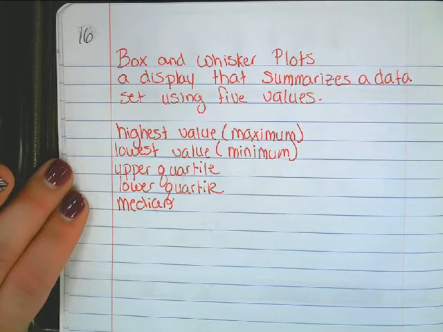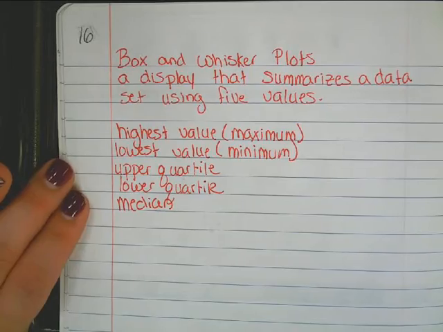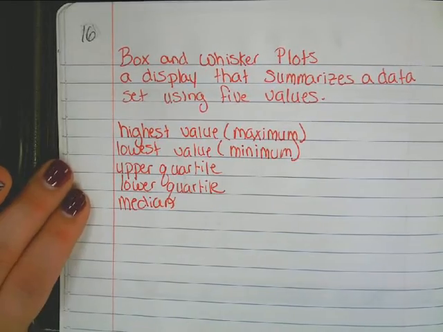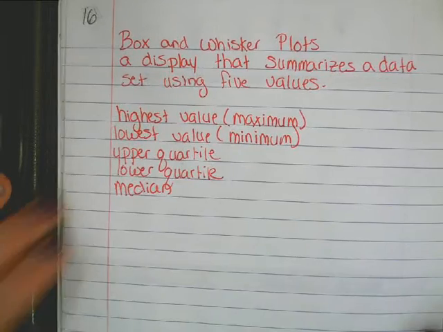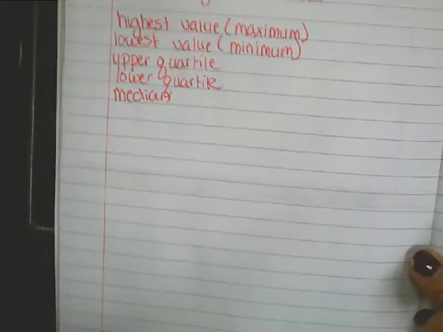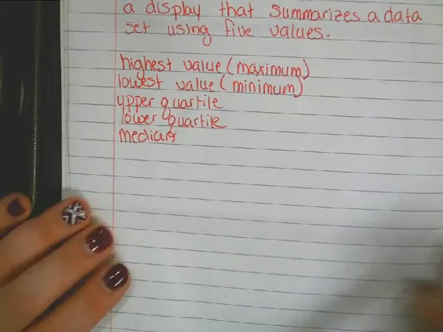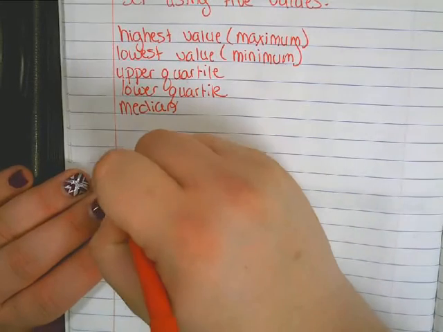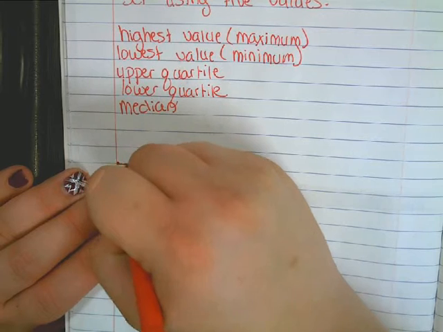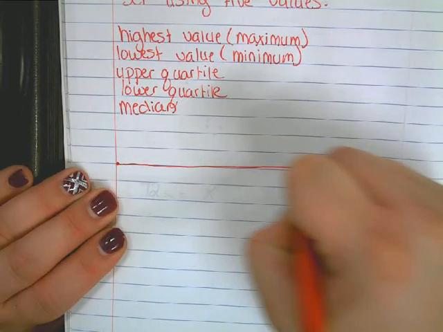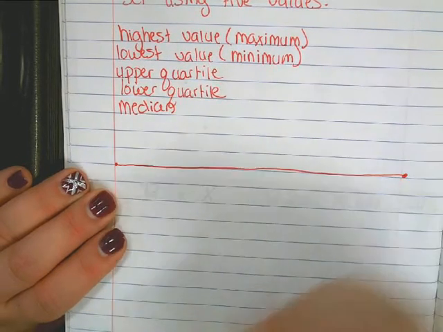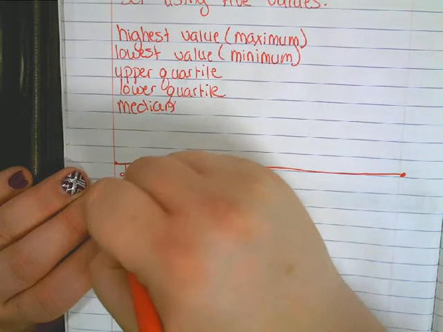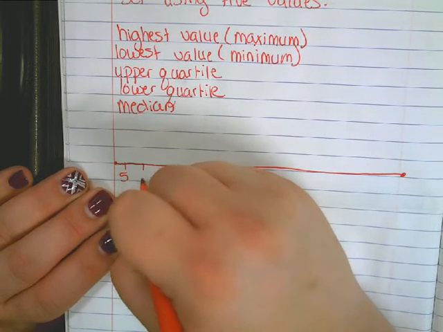We're not going to focus on making them. We're going to focus on looking at them and interpreting what they mean. I am going to have you make one, but I'm not going to make you go through all the steps. I'm going to tell you exactly what it looks like and then have you copy it down. So I want you to make a number line along your notebook, counting by 5, starting at 5 all the way to 60.